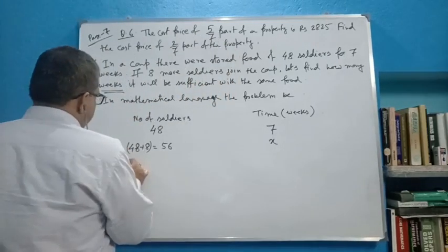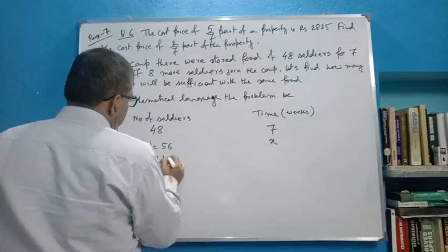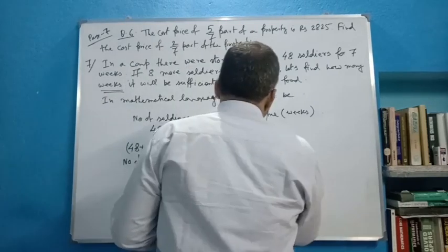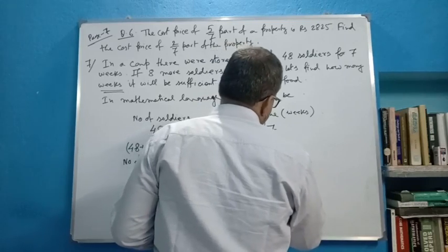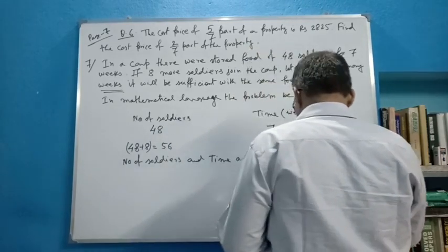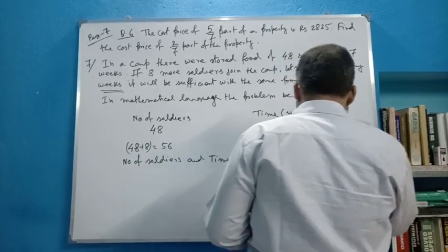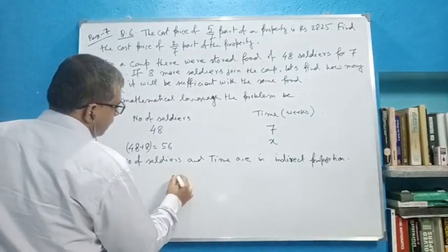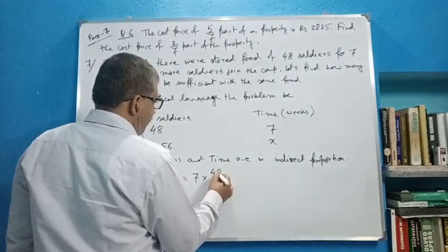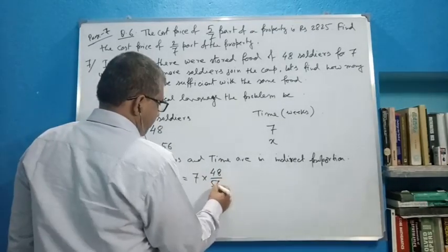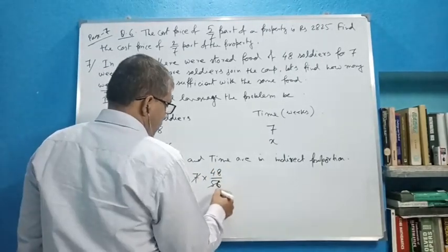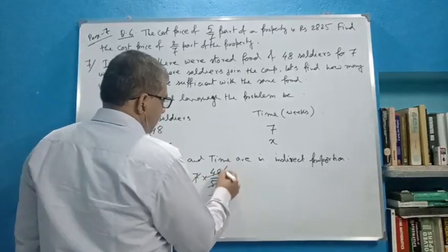The number of soldiers and time are in indirect proportion, so x is equal to 7 into 48 by 56. 7 8s are 56, 8 6s are 48.